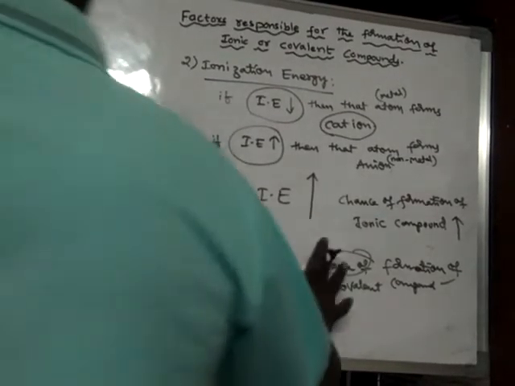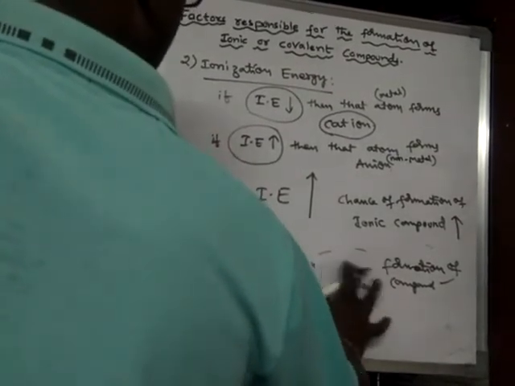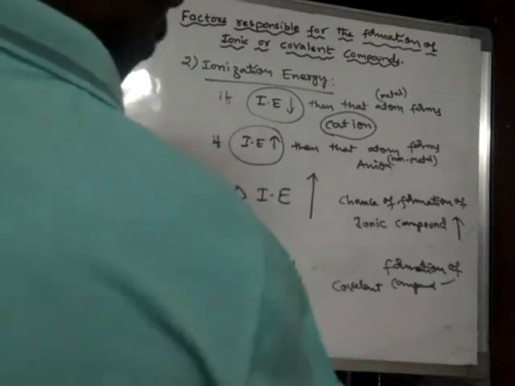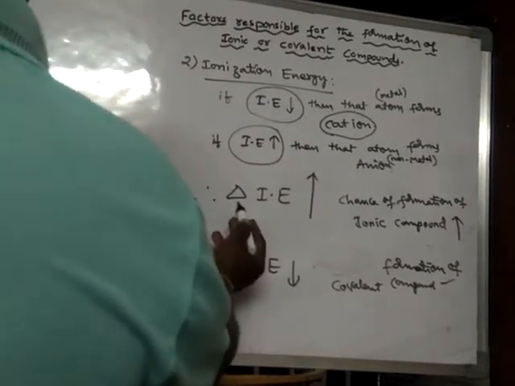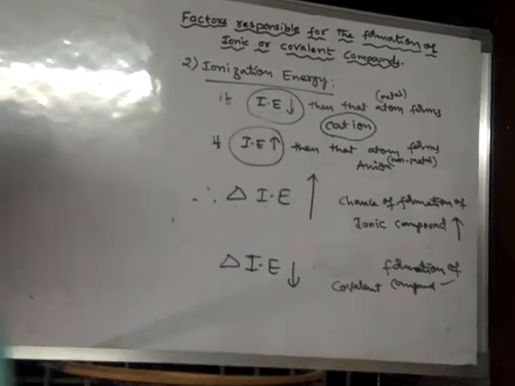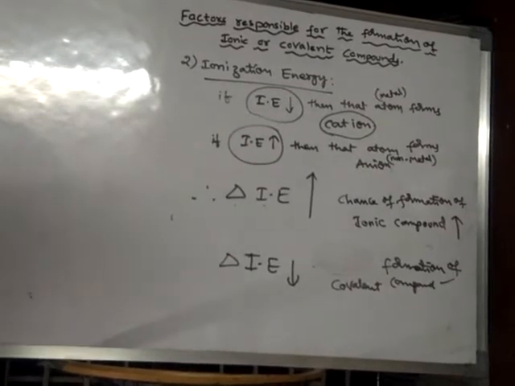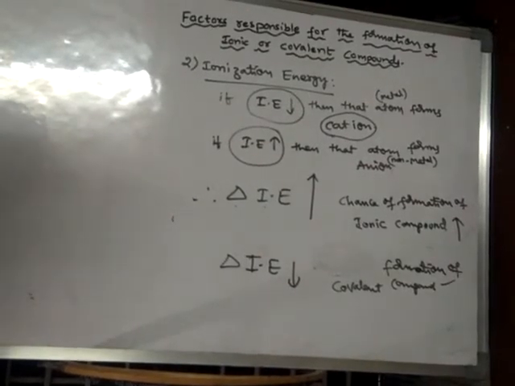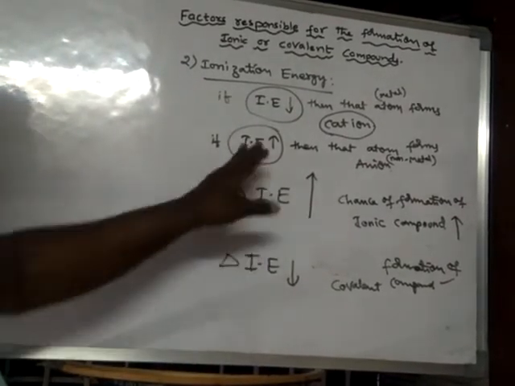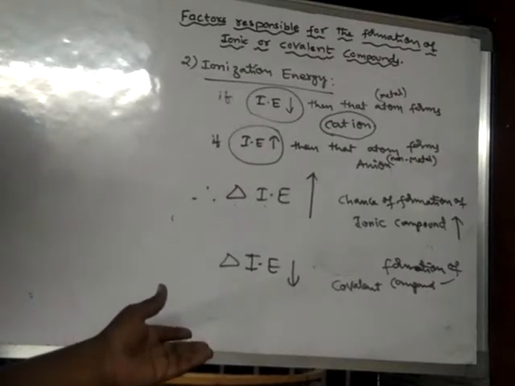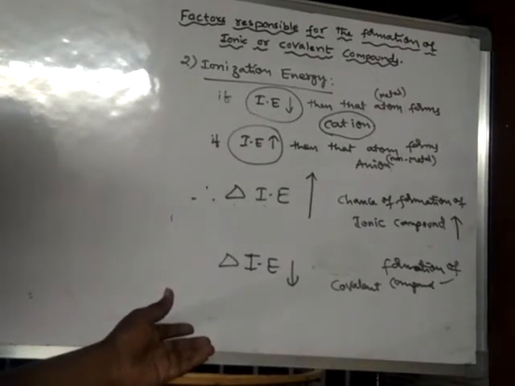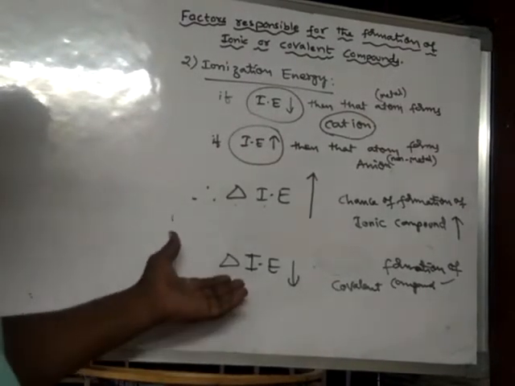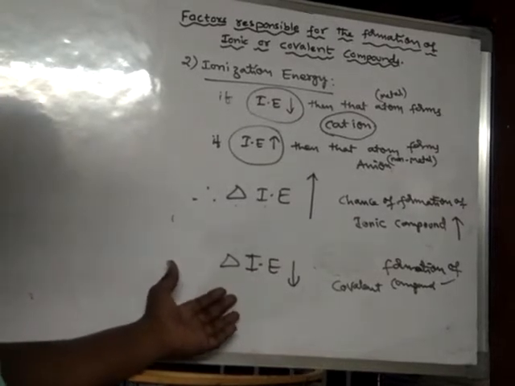So like this, simply, if ionization energy difference between the two combining atoms, that means one atom should be more and another atom should be less. So in that case, the difference is more. So if both the atoms have more ionization energy, then in that case the difference will be less.